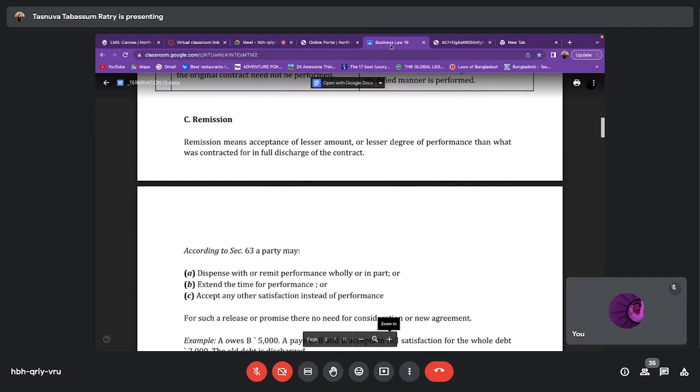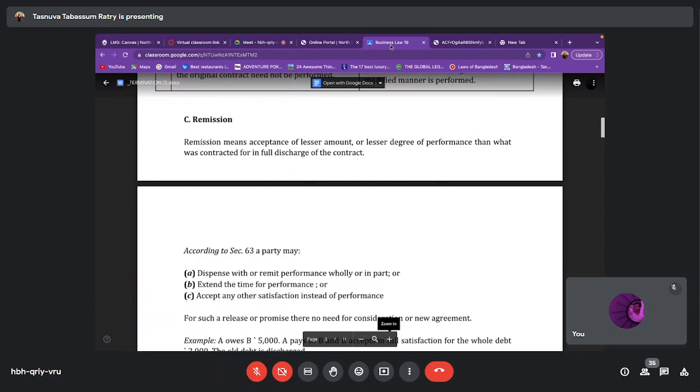Full discharge means that this contract will be terminated and the $200 he owes me, he does not have to pay, because his acceptance of $300 will be the full discharge of the contract. As a result, the loan agreement between us, where he was supposed to pay me $500, is being discharged through remission. So remission happens where the parties mutually agree to accept a lesser amount, a lesser degree of performance than what was contracted for, in full discharge of the contract.